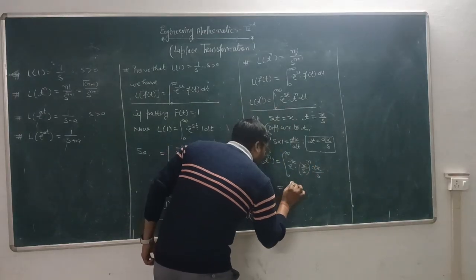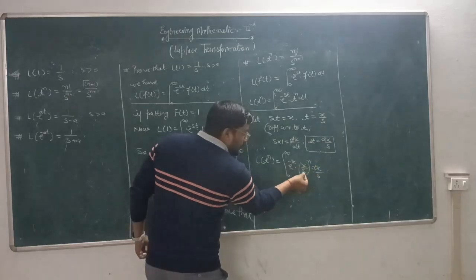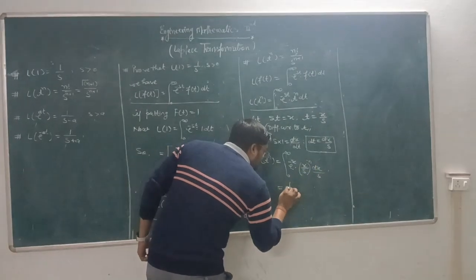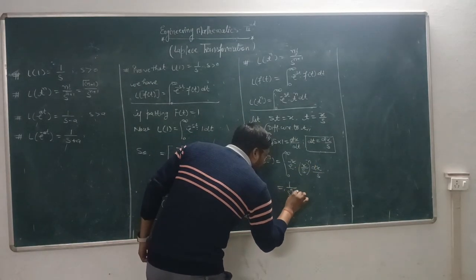Solving this, it gives s^(n+1), which means 1 upon s^(n+1).